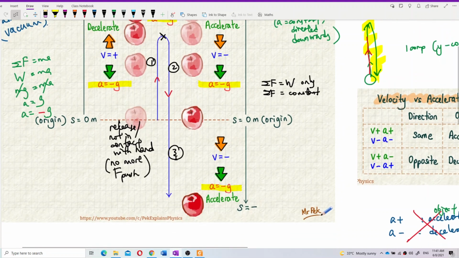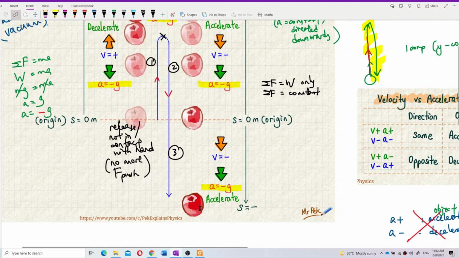Now the third part. If the apple has gone back to the origin, the same level, the displacement now is zero. Now the apple drops down further. Maybe the apple is thrown up from your hand, but then drops to the ground below your hand level, to your leg.